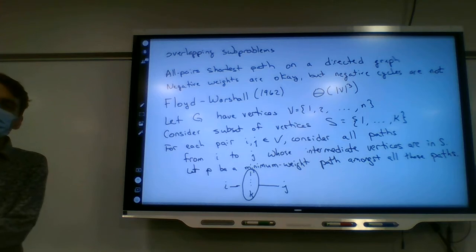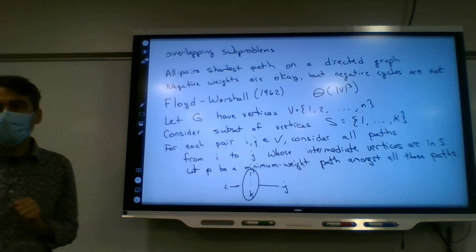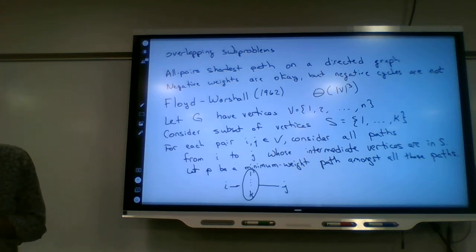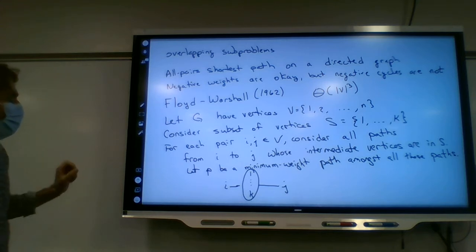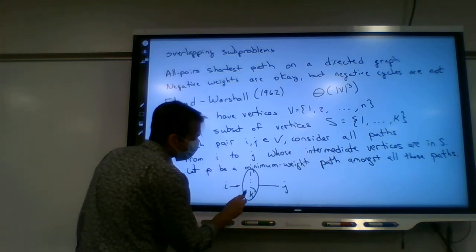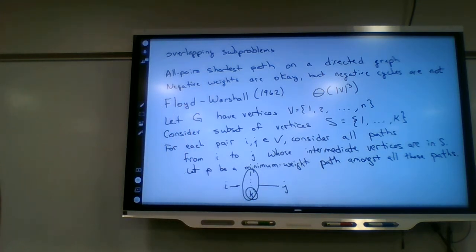So there's no other vertices involved in our path P. Now what can happen? Path P may or may not include that vertex k. So we're going to look at it in two situations, if it does and if it doesn't.